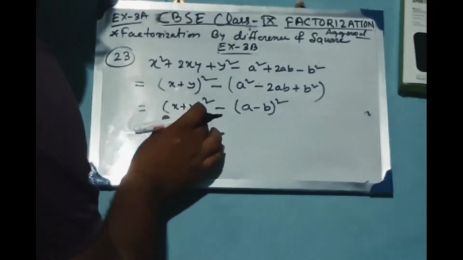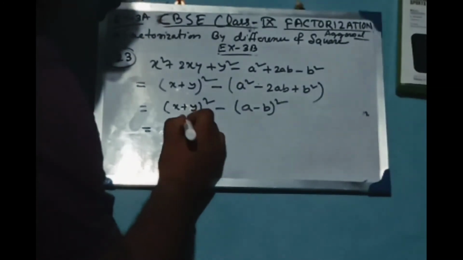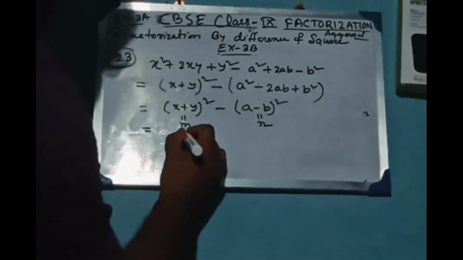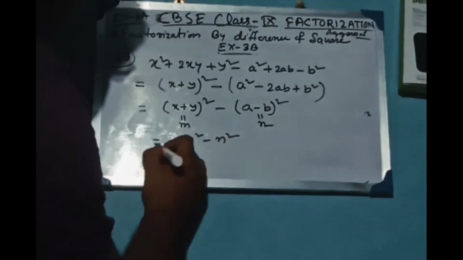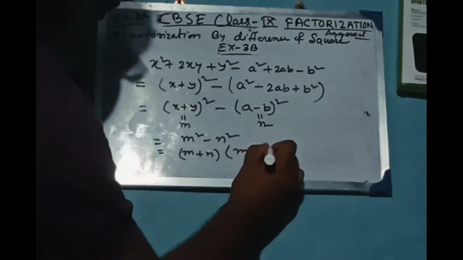Next, taking x plus y as m and a minus b as n, this can be written as m square minus n square, that is m plus n into m minus n.